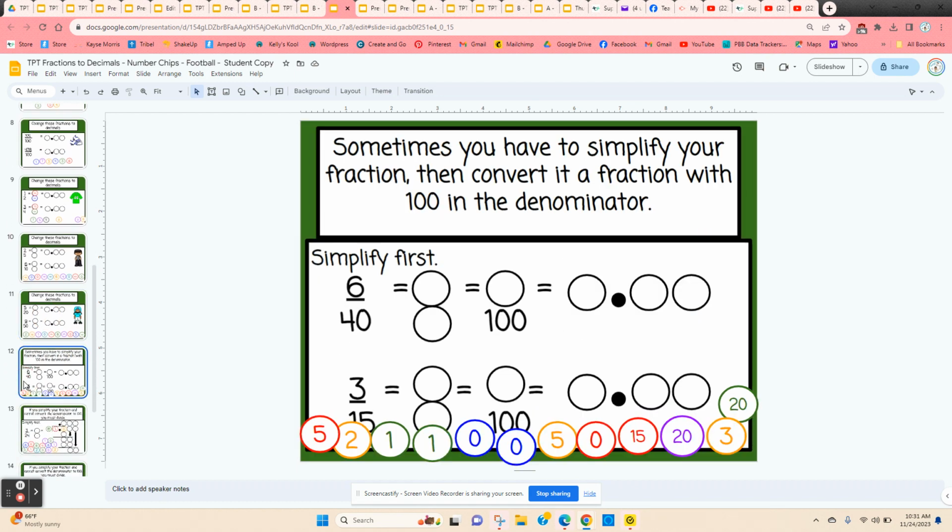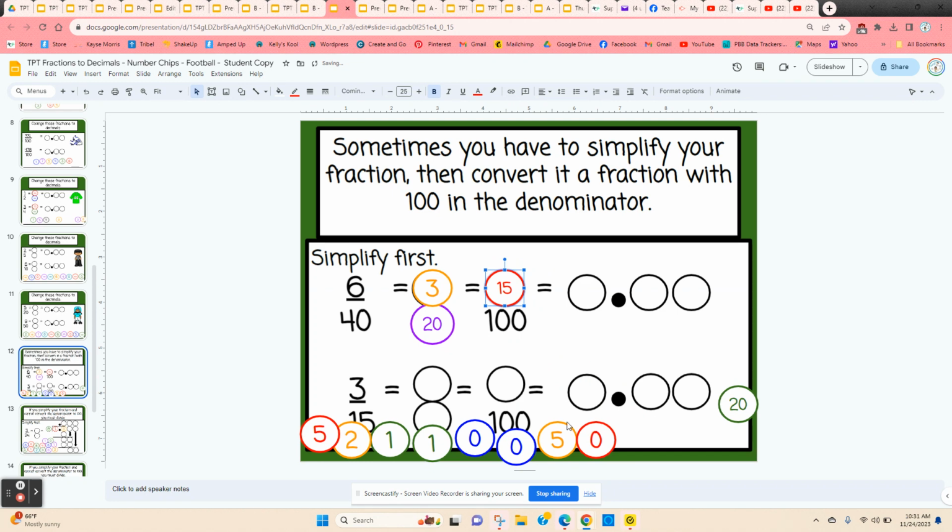Now, sometimes they can't convert directly to 100, so they may need to simplify their fraction first. So here, if they have 6/40ths, they know they can divide the numerator and denominator by 2 to get an equivalent fraction of 3/20ths. Now that it's simplified, they can convert it to a fraction with 100 in the denominator by multiplying numerator and denominator by 5.